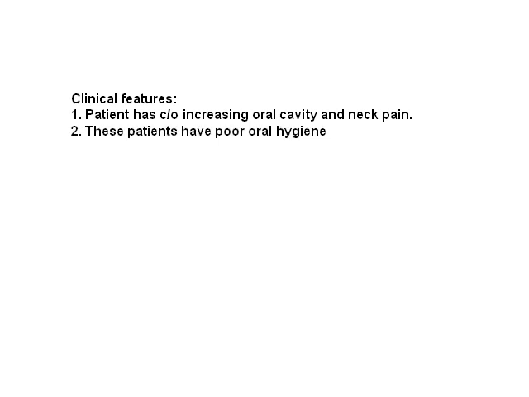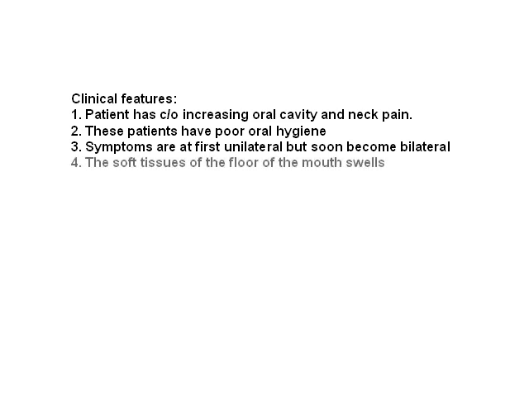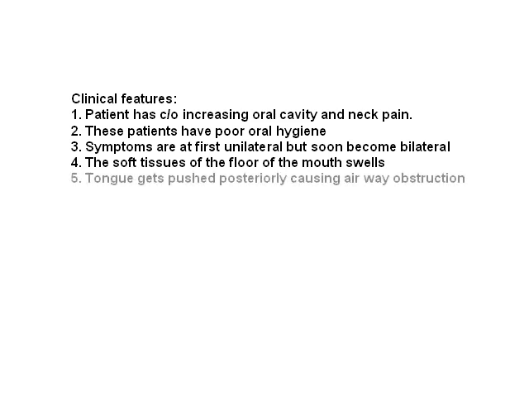Clinical features. Patients present with increasing oral cavity and neck pain. They have poor oral hygiene. They are at first unilateral but soon become bilateral. The soft tissues of the floor of the mouth swell. The tongue gets pushed posteriorly, causing airway obstruction.